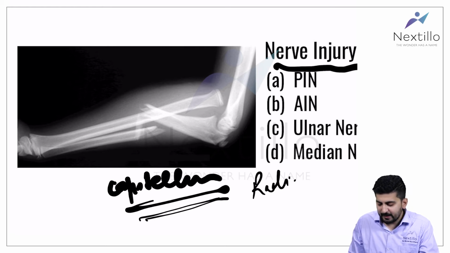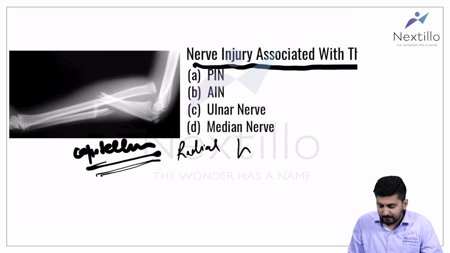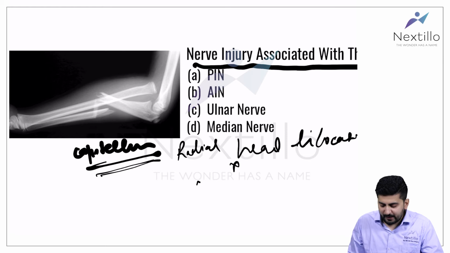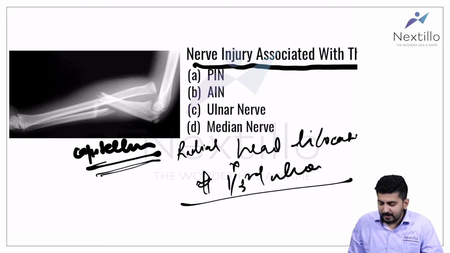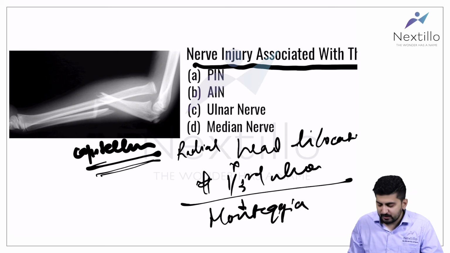So radial head dislocation with fracture of the proximal third ulna is seen in a Monteggia fracture dislocation.